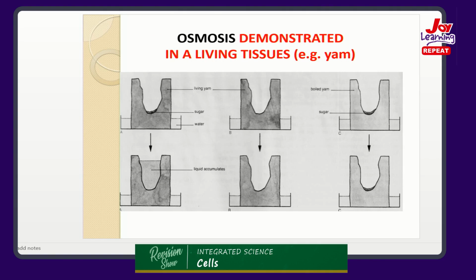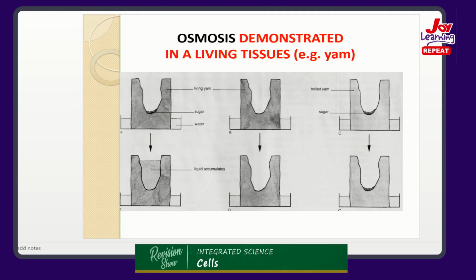This is one of our famous demonstrations in class where we take yam and use it to demonstrate osmosis. Look at the picture on your left: a living yam with sugar in it, put in a trough full of water.